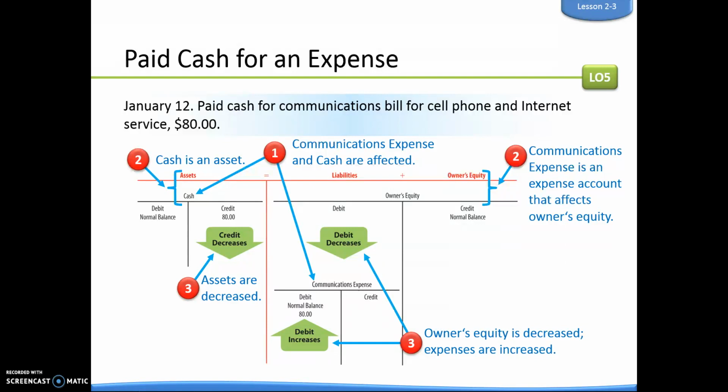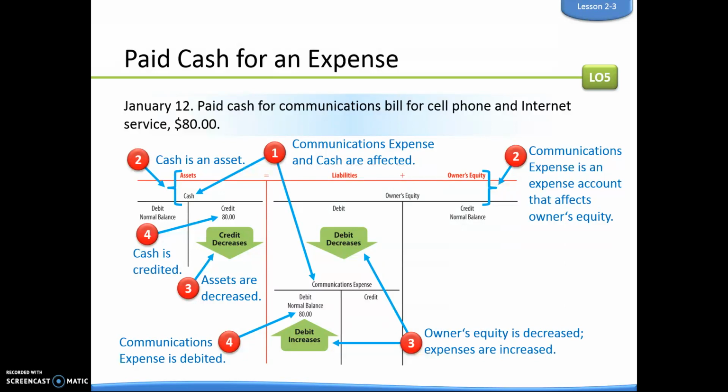And so our fourth question is to ask, does each one get a debit or a credit? Well, we know that if cash is going down, that means that cash is credited. Hopefully we've got that kind of in our brain already. Cash is usually our easiest one. And then again, our toughie here is to think about the fact that communications expense is debited.